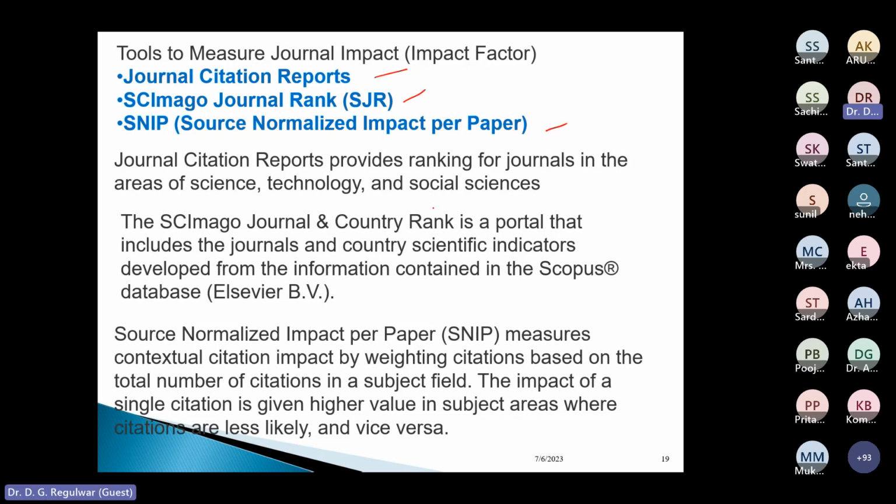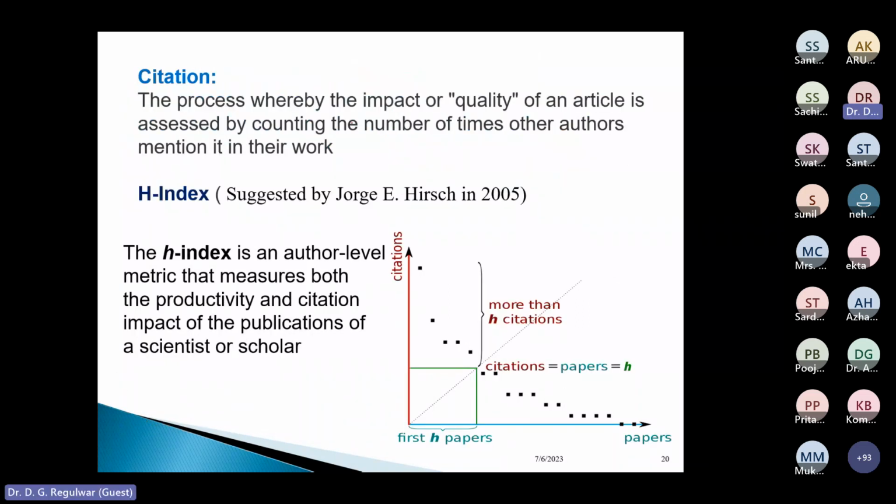These provide the ranking of journals. Then citation is there: the process whereby the impact or quality of an article is assessed by counting the number of times other authors mention it in their work. That is what citation is.